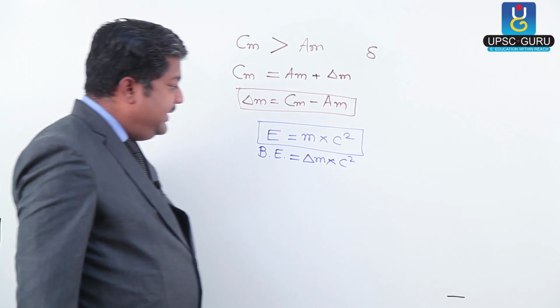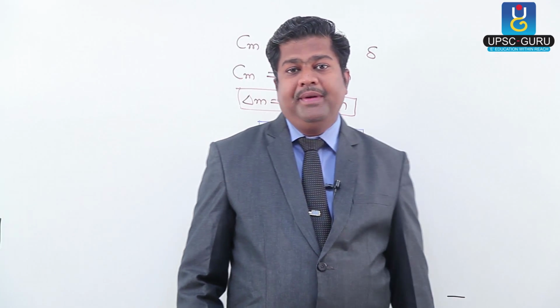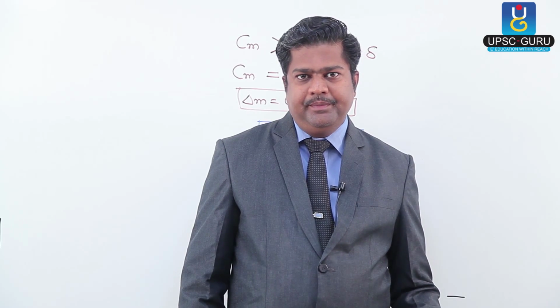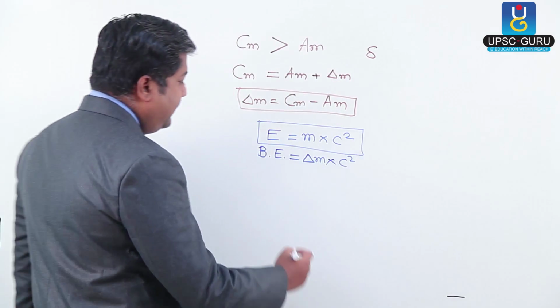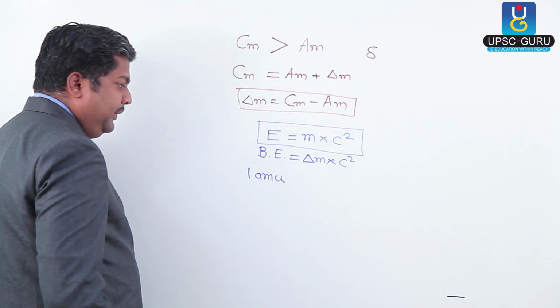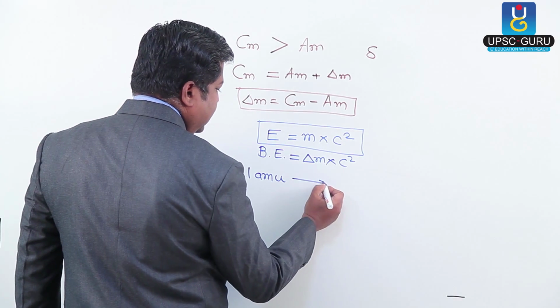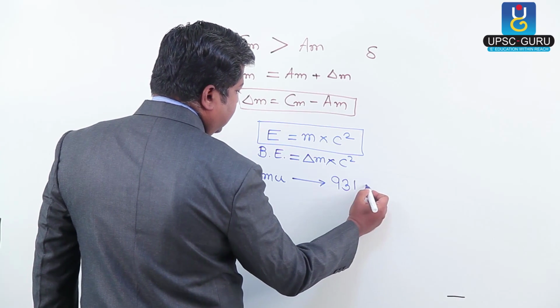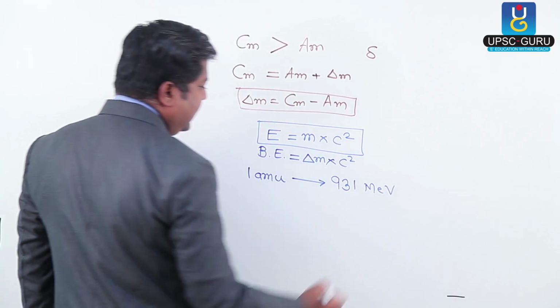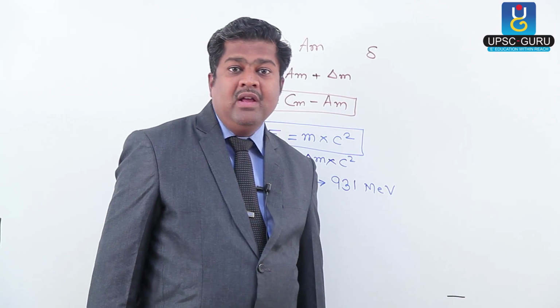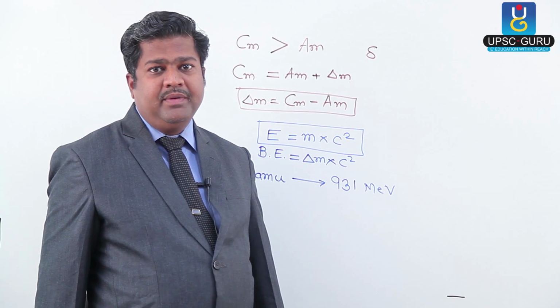Now as I am explaining, we are not going to a deep level, we are going to study only superficially, and therefore I must say simply, when 1 AMU mass is converted into energy, the energy evolved is 931. In some books it is given as 932, some 932.5, 931.5, various figures are there.